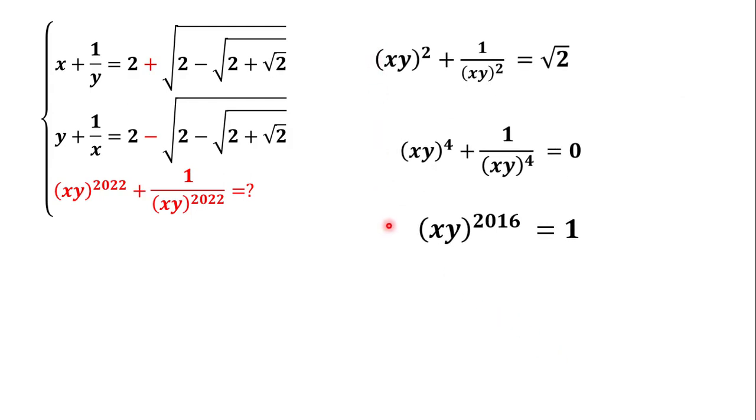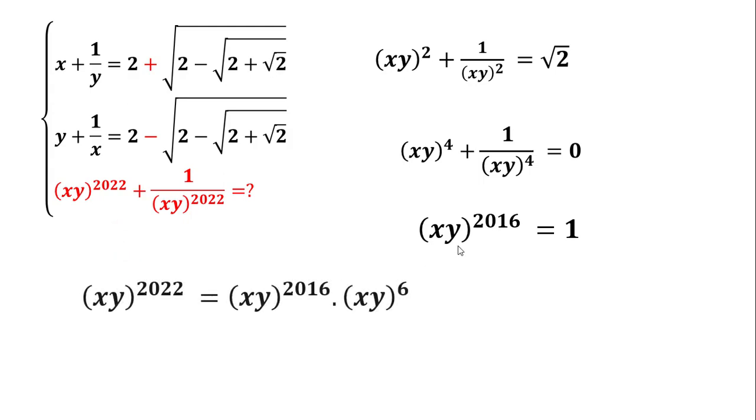Now by this expression we calculate (xy) to the power of 2022 plus 1 over (xy) to the power of 2022. (xy) to the power of 2022 equals (xy) to the power of 2016 times (xy) to the power of 6. (xy) to the power of 2016 equals 1, so (xy) to the power of 2022 equals (xy) to the power of 6.